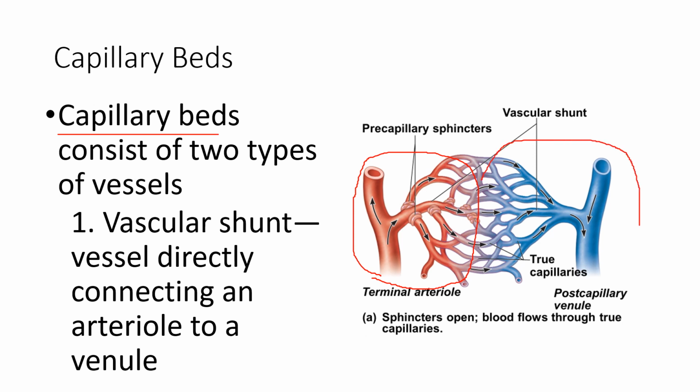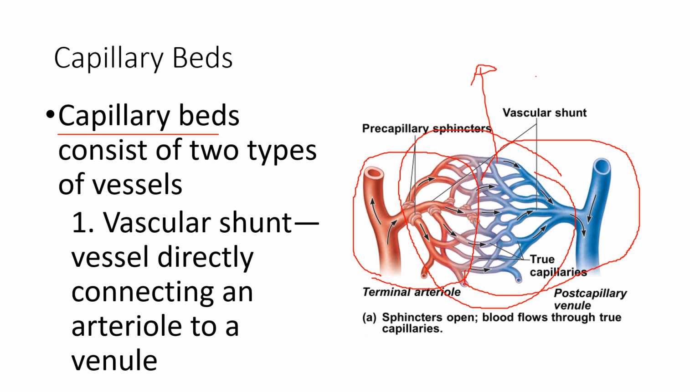Remember, the smaller arteries are called arterioles. The smallest vein is called the venule. They meet each other, and this is now called the capillary bed, wherein exchange of gas and material happens.